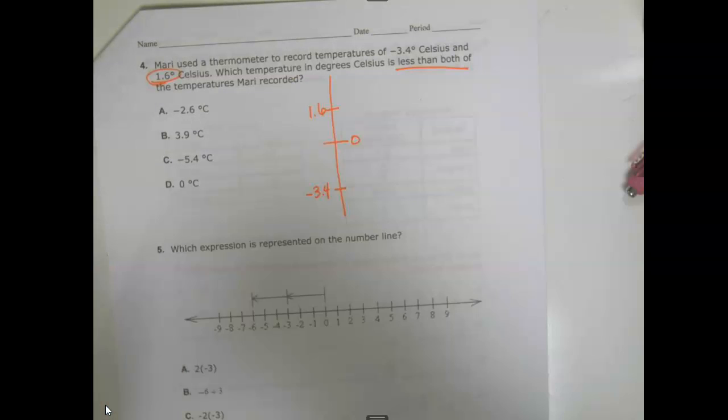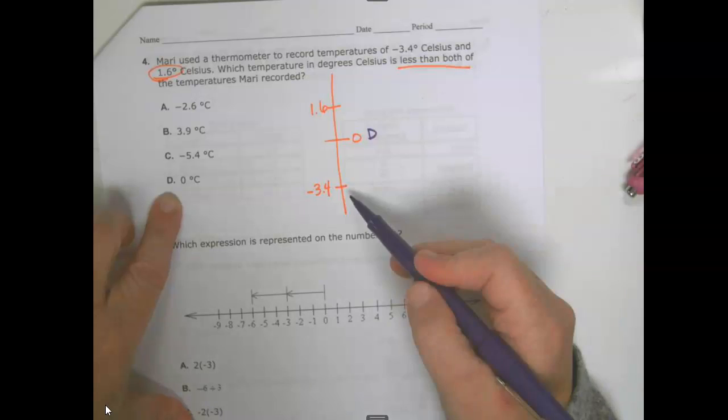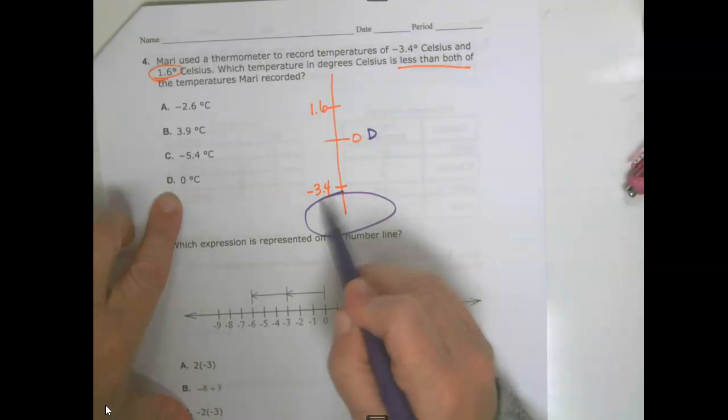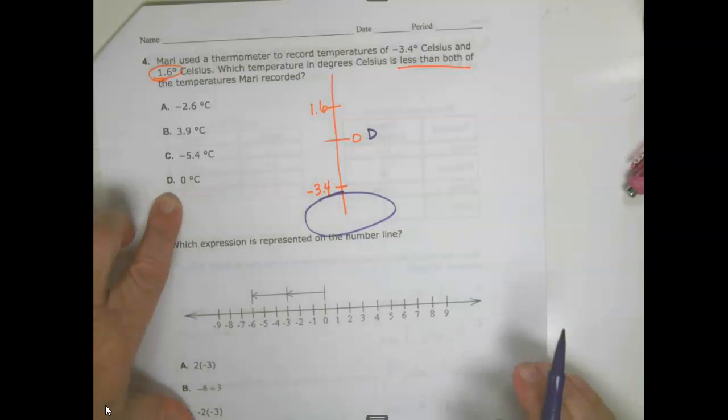Then I'm going to label each of my answer choices. Well, here's 0, here's D. I know D is not less than because I need everything in here. I need numbers that are below -3.4.